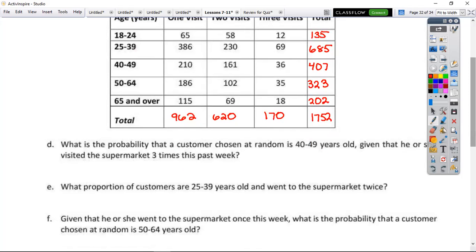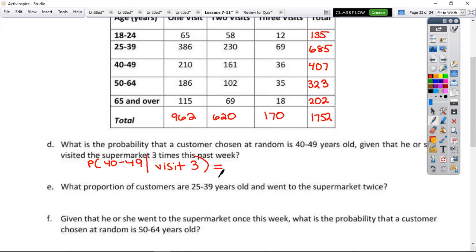So what is the probability that a customer is chosen at random of the 40 to 49-year-old people, given that he or she visited 3 times? So I'm going to do probability, 40 to 49, given the specific condition that you visit 3 times.